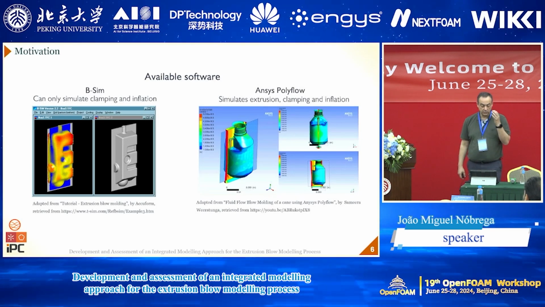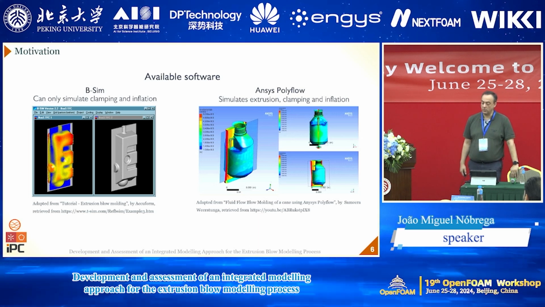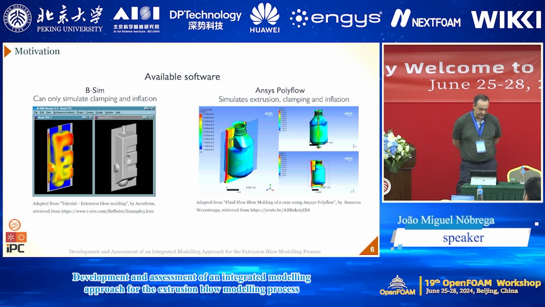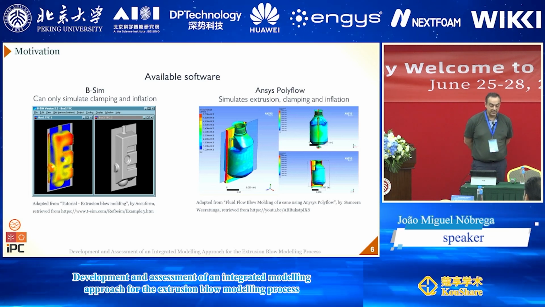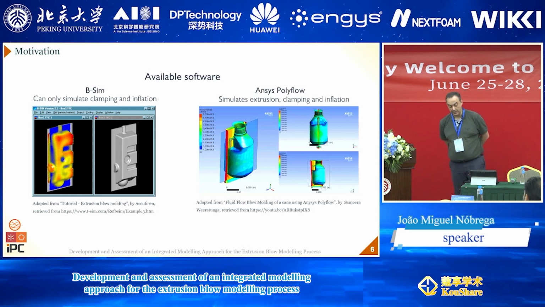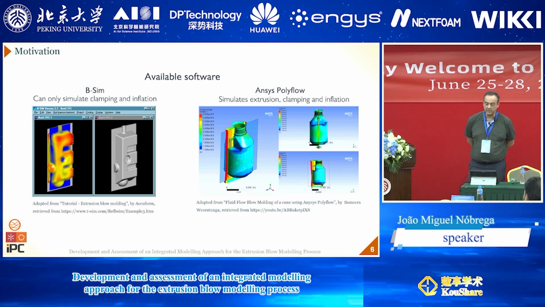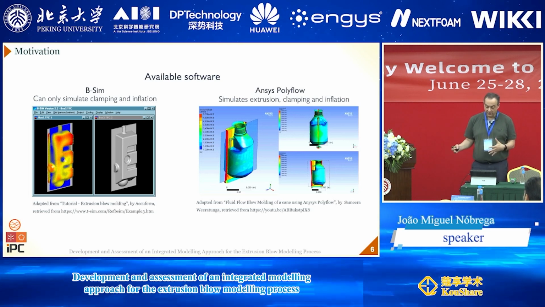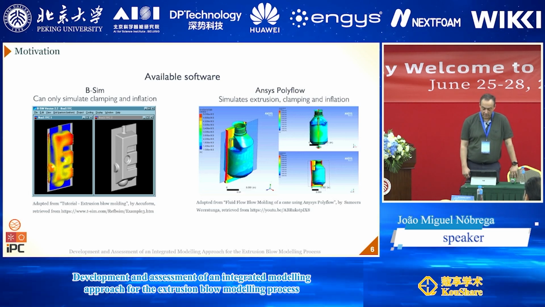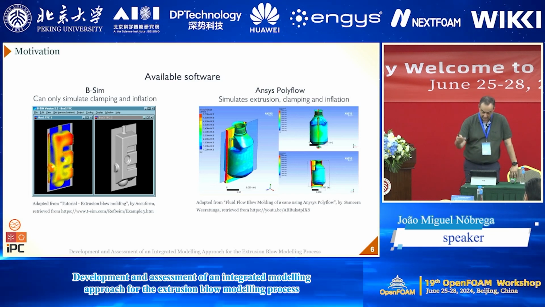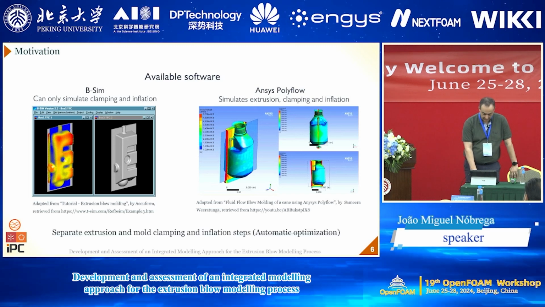Regarding the available software, as far as I know, these are the two that can be used for extrusion blow molding: BSIM, that models just the clamping and inflation, and Polyflow, that models the clamping and inflation. It also allows to model extrusion, but the phases are not connected. So we cannot think about optimization, and these are our future plans.